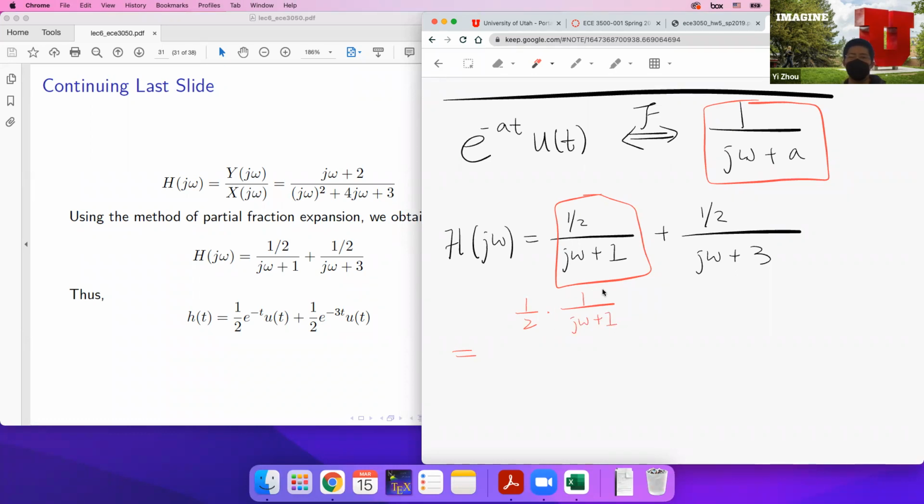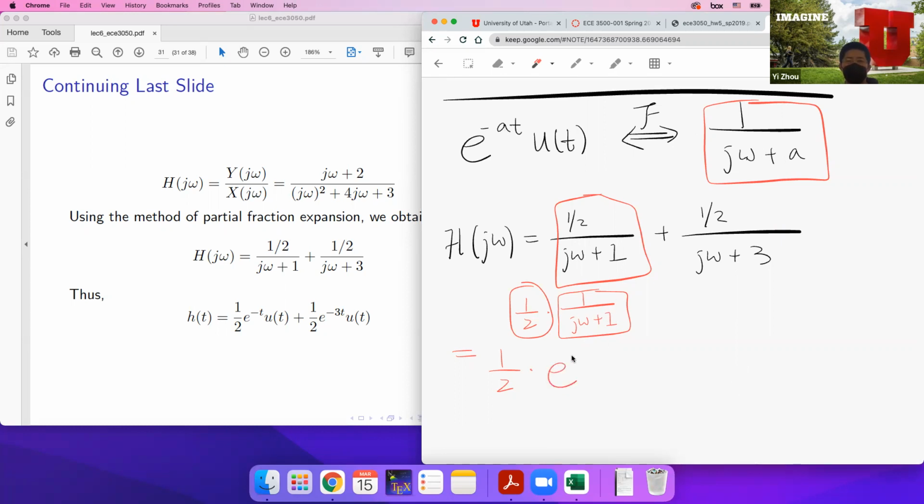And this part exactly corresponds to the standard form. And this is just a scaling coefficient. If you do the inverse transform, this coefficient will be preserved because the transform is a linear operation. So you end up with this coefficient. And now doing an inverse transform on this spectrum, following this table, this small a corresponds to 1.